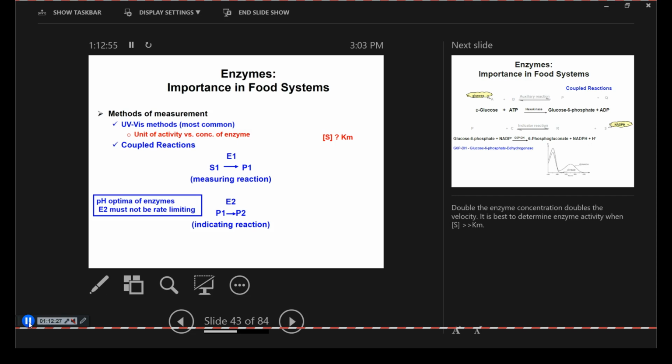So often, when you buy an enzyme, you'll see on the specification sheet the units of activity. But it tells you how that unit of activity was measured. It tells you what substrate was used, what's the pH, what's the temperature. And that is what you really need to know in order to understand what the unit of activity means. So you cannot say, I'm going to use a different substrate and say my units of activity is this.